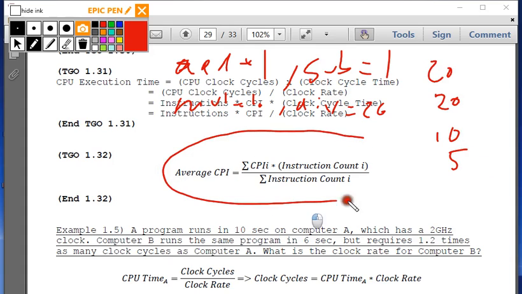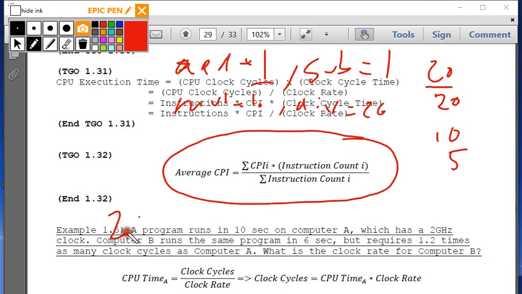So now we're going to use that and then use this equation here, which is average cycles per instruction. Given a benchmark, we actually can calculate what we expect the program to run in per given time. So this would just be number of instructions times average CPI.